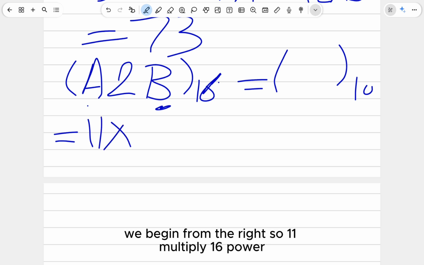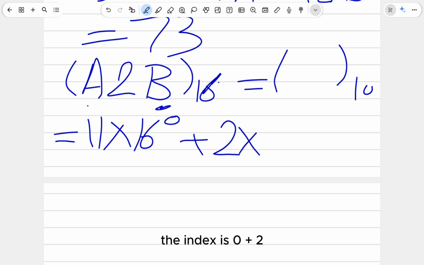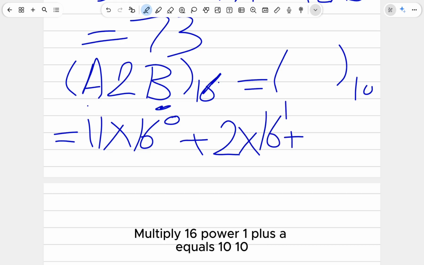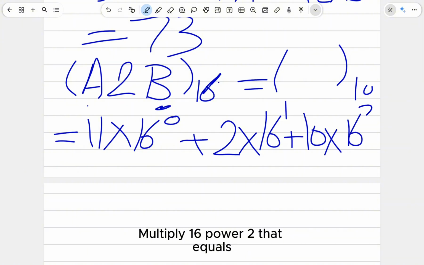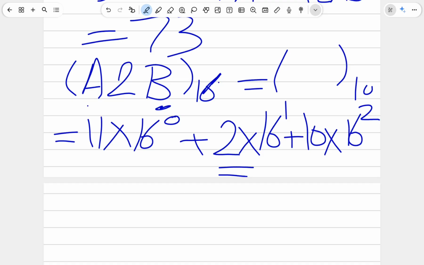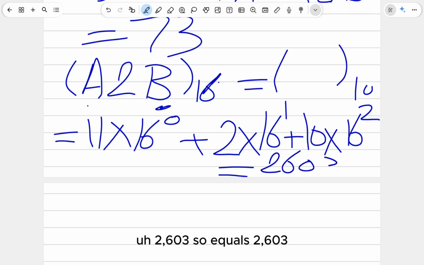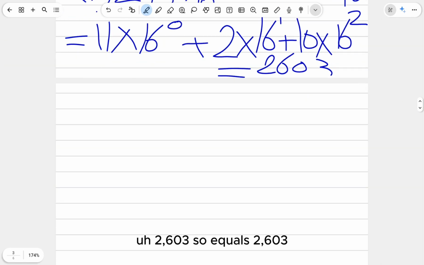So 11 multiply 16 power 0, plus 2 multiply 16 power 1, plus A, which equals 10, multiply 16 power 2. That equals 2603.